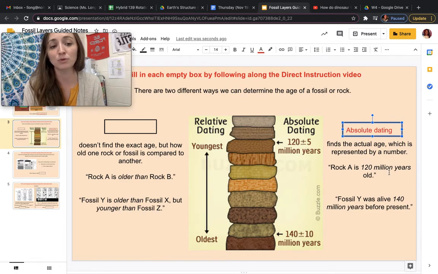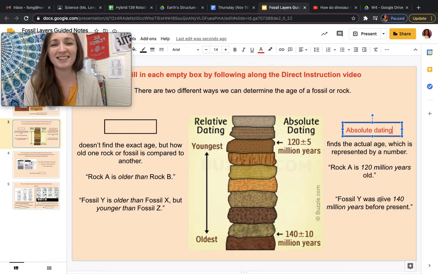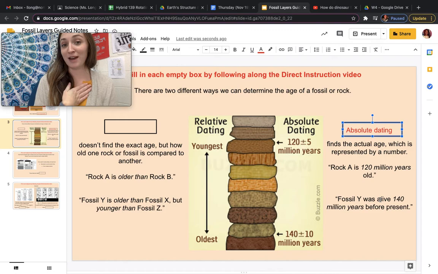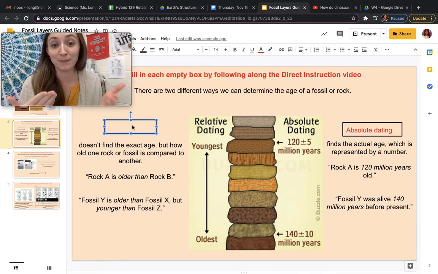That would be an absolute date. Or if you say this thing was alive 140 million years before present, or 140 million years ago. That is absolute dating. What we can do, even though we have not become doctors and haven't gotten a job where we are absolute dating these fossils, is what is called relative dating.